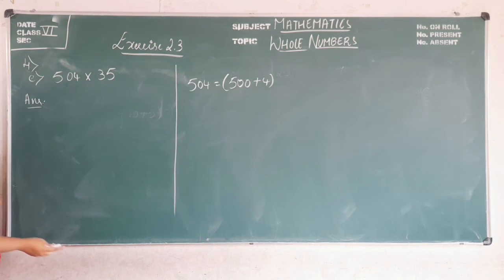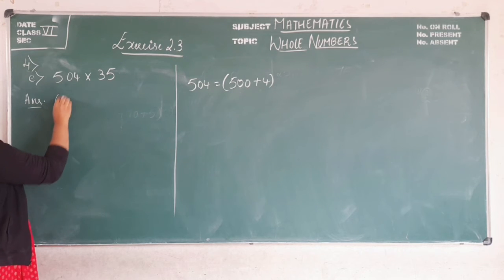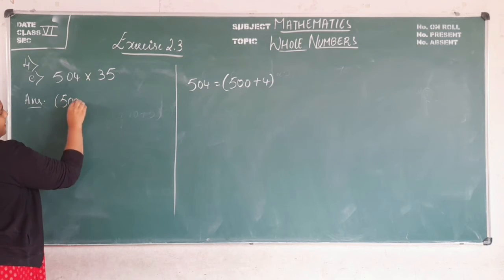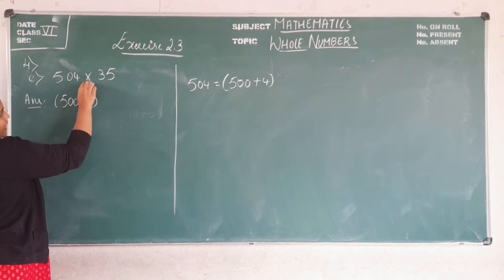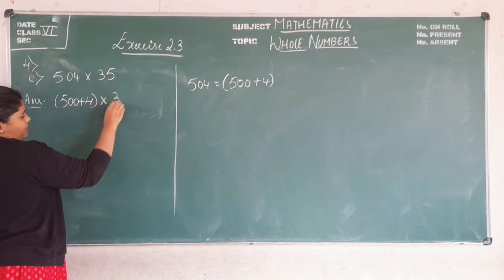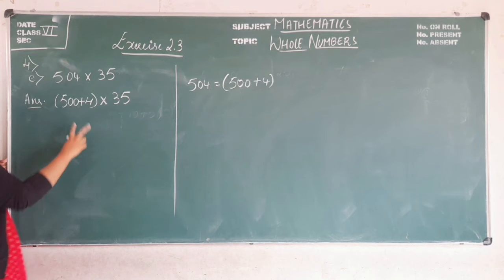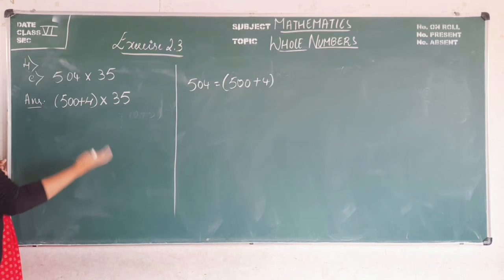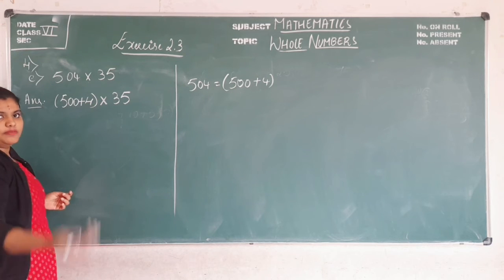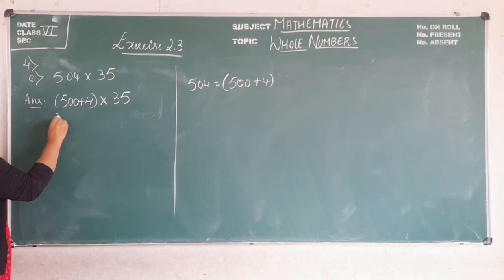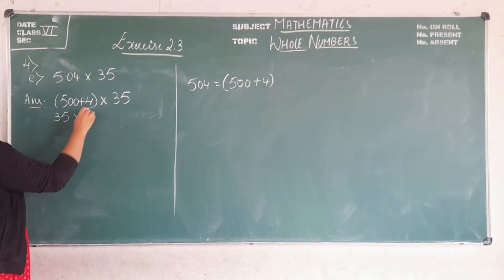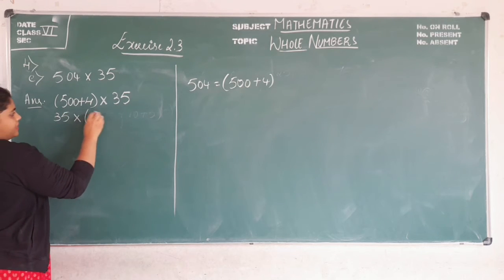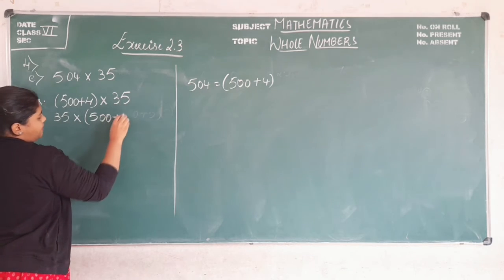So in the case of 504, you can write 500 plus 4 into sign 35. So by commutative property, I can change the order, right? If you change the order also, the product remains same. So first I'll write 35 into the whole bracket, that is 500 plus 4.